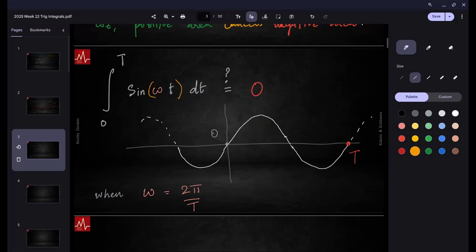Input is a whole number, 2 pi. So notice, the input specifically, omega t, will be 2 pi by t into t. That is, when your time is exactly equal to t, this t by t is 1. Omega t will be 2 pi, so you get a 0 there. That is one way to look at it.